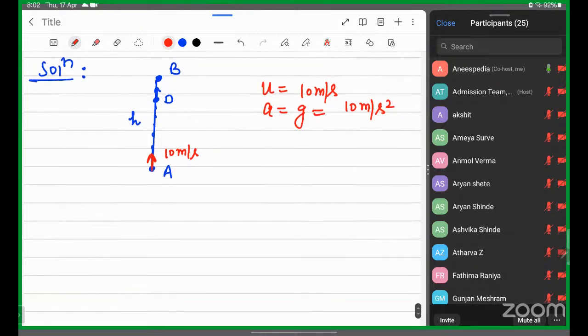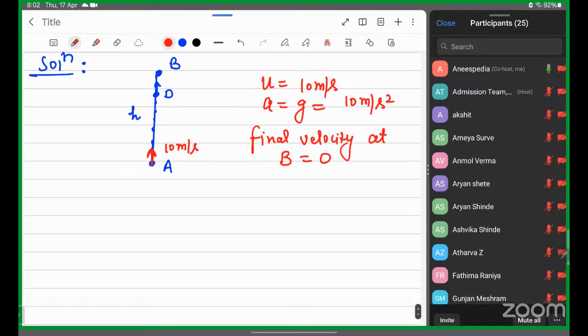Now I want to find out what will be its final velocity when it reaches point B or maximum height. So final velocity at point B will be 0.